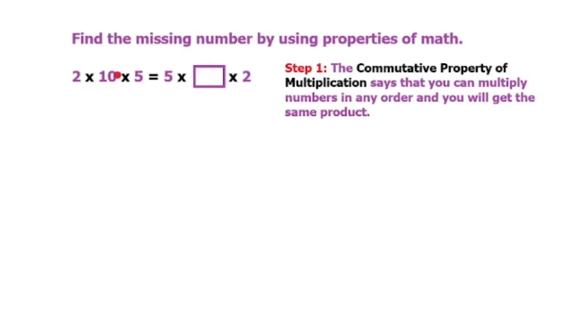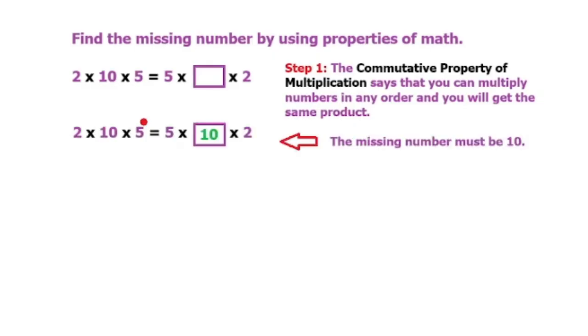So 10 would probably be here. So what this is saying is that you could multiply the numbers in any order and the answer would be the same. So the missing number must be 10. So it's just multiplying these numbers in a different order.